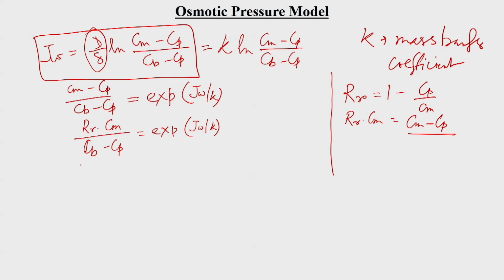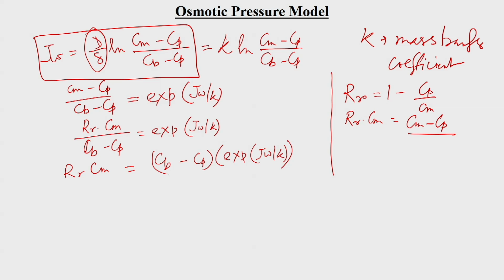So, RR into Cm is equal to (Cb minus Cp) into exponential of Jw by k.